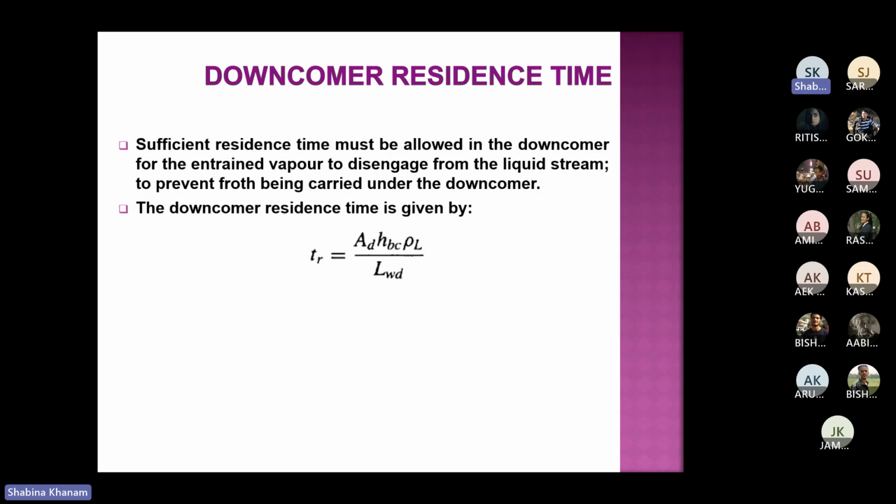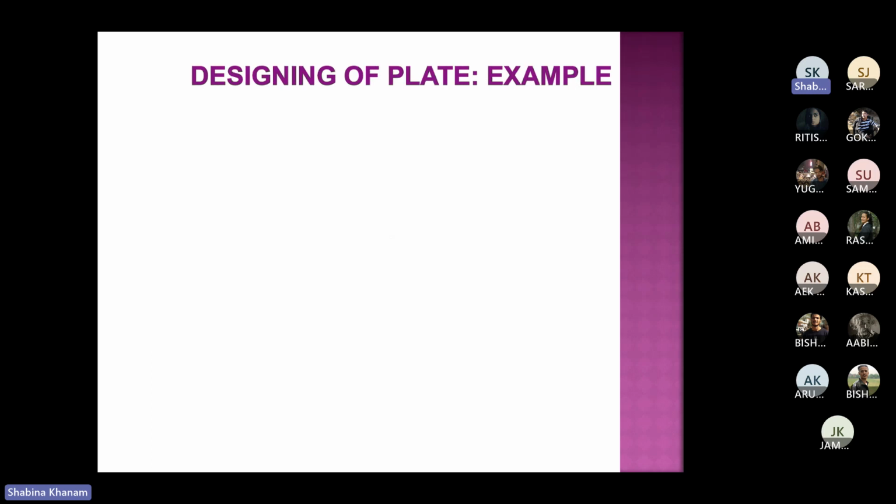So let's see how to find that. The residence time will depend on AD, that is downcomer area. HBC we have seen already. HBC is equal to HB, total downcomer backup. HB is the height of liquid or height of mixture in the downcomer. So TR should be AD HBC rho L by LWD.